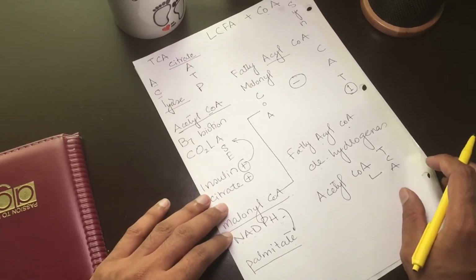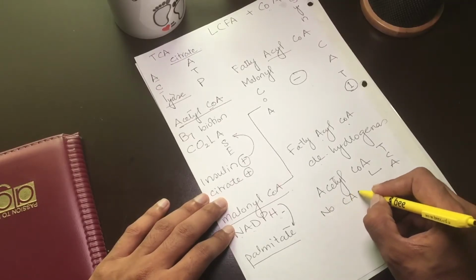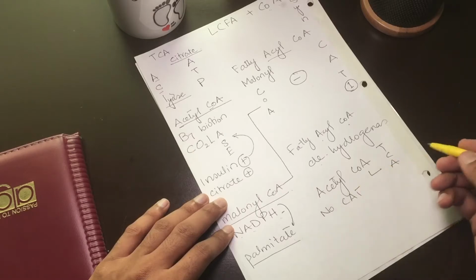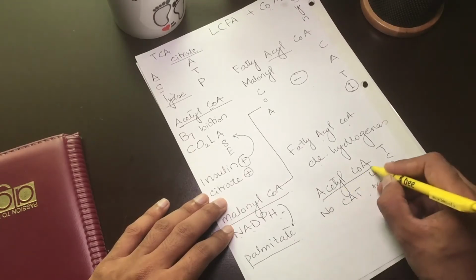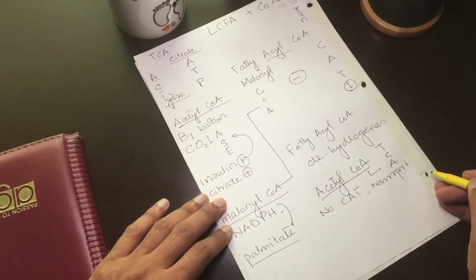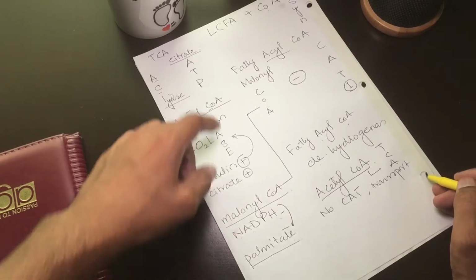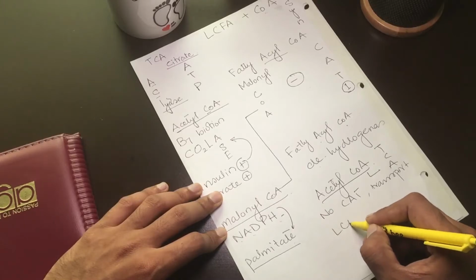So we have two conditions. First, if we have no carnitine enzyme, we cannot transport this fatty acyl CoA, and the long chain fatty acids accumulate.